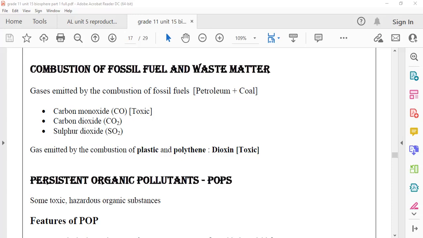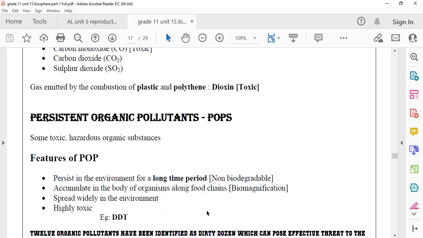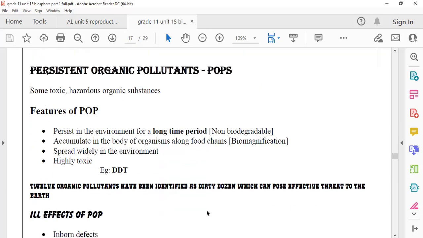It can also cause cancer, and your immune system will be affected. That kind of gas is dioxin.